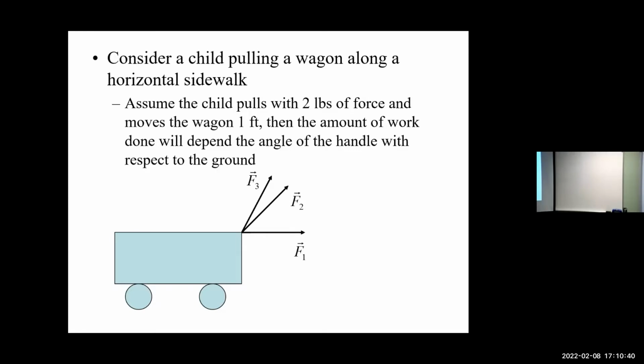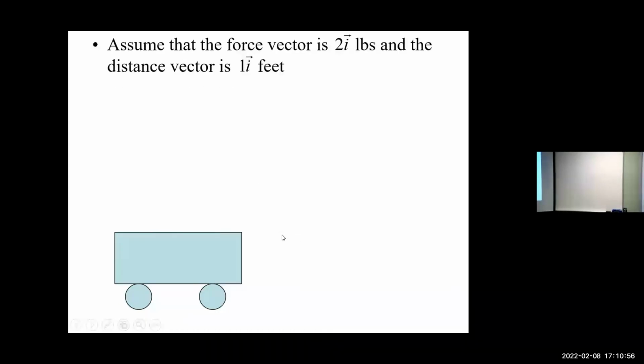Now, the work done to move this wagon is going to be different depending on what angle we pull the wagon at. First off, a very basic scenario. Let's say the force vector is 2 i pounds and the distance vector is 1 i.